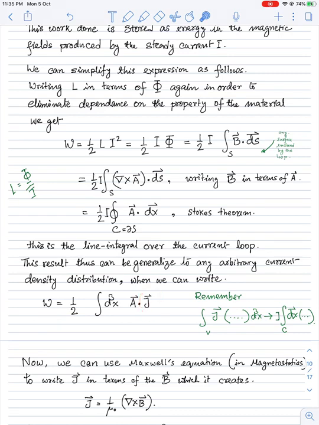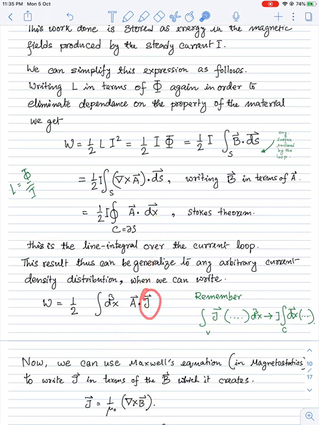In general, this will be the expression for the work done. If you have many current carrying loops, forming some kind of a current density, then you can do this exercise for all such loops, and then the total work done, you can just perform the integration over all such loops and convert this into a volume integral of the current.